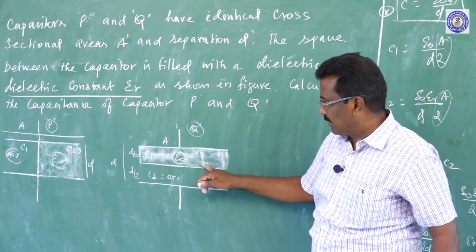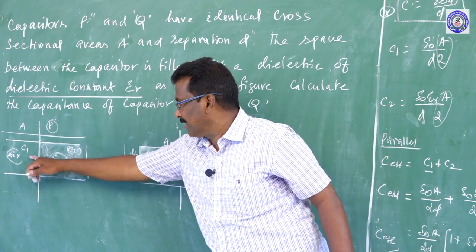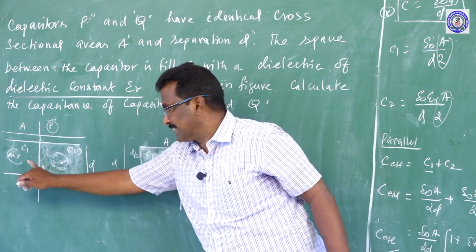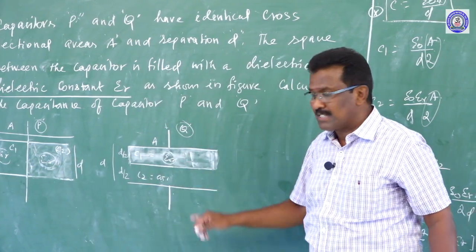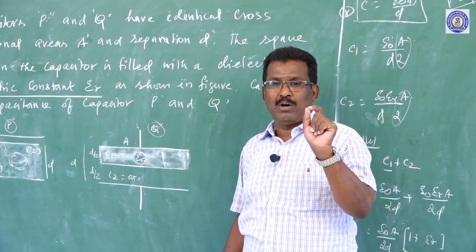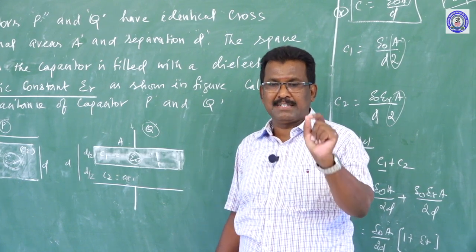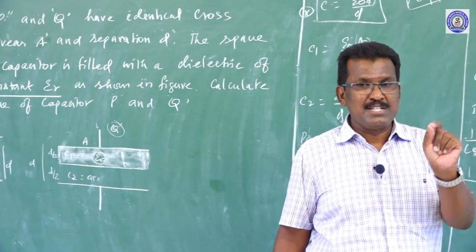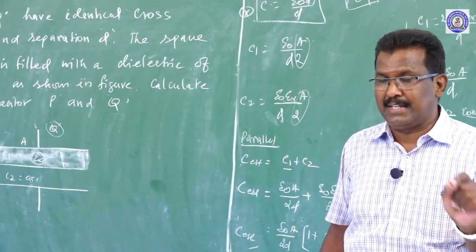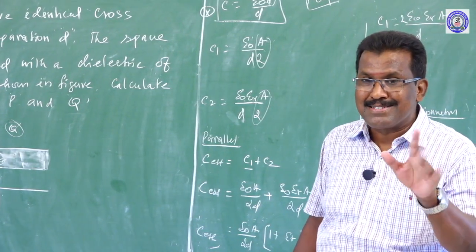There are two capacitors here. Here also there are two capacitors, but one by one it is a parallel: an air-filled capacitor and a dielectric-filled capacitor. So it is a parallel. This is series. If you find it is a parallel connection or series connection, you calculate the effective capacitance: in series, always the reciprocal of the individual capacitors; in parallel, the sum of the individual.